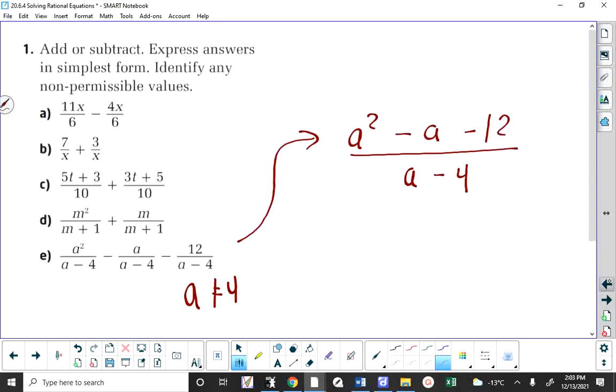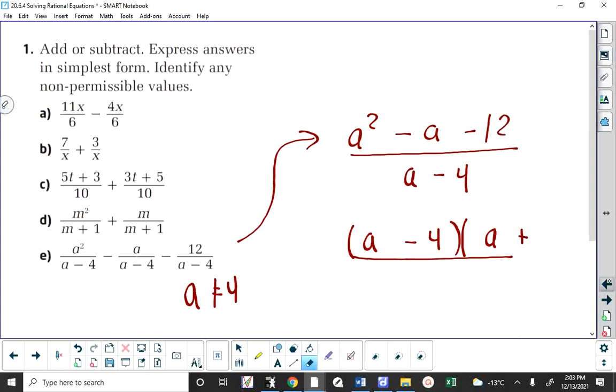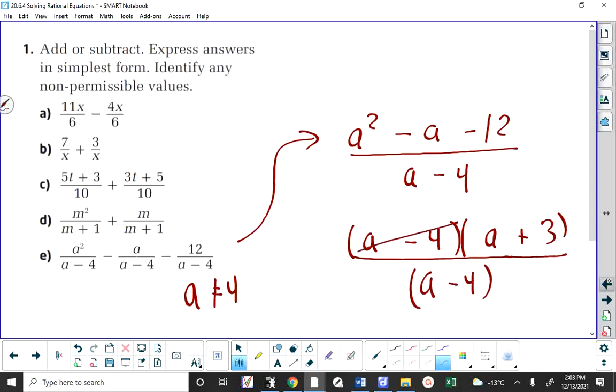And you're always expected to simplify everything in this course, which means you factor and cancel. Unless I'm mistaken, that numerator factors into a minus 4 times a plus 3, and this is over a minus 4, so you can cancel those.